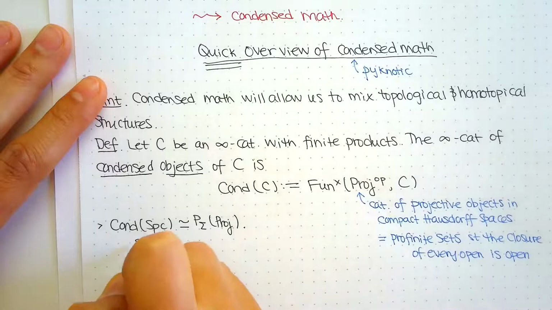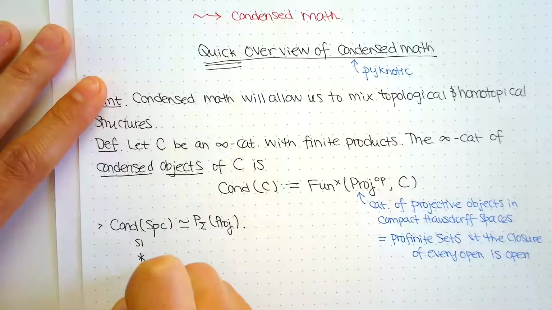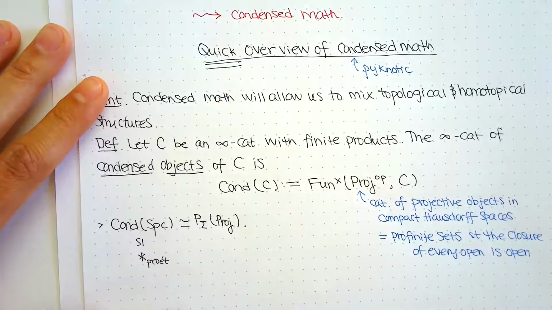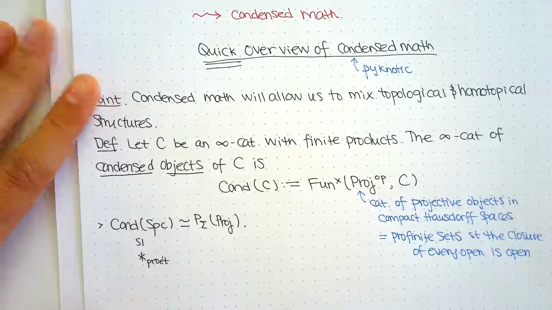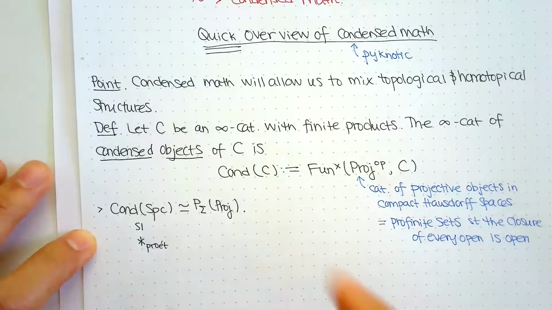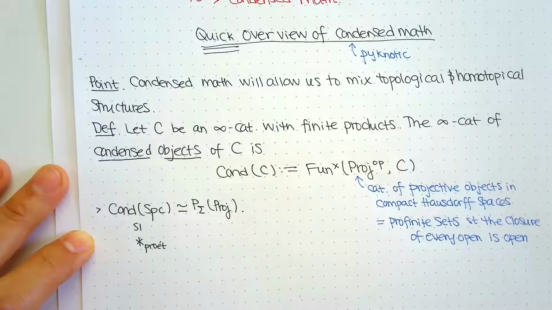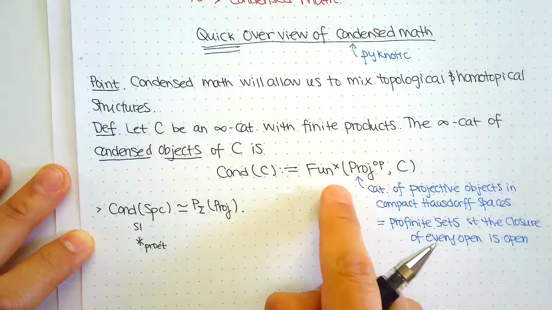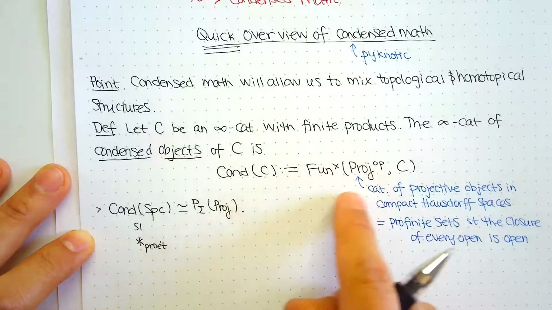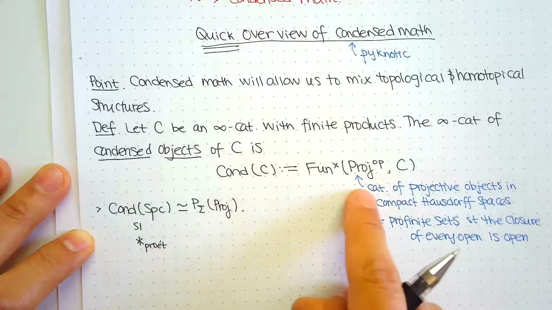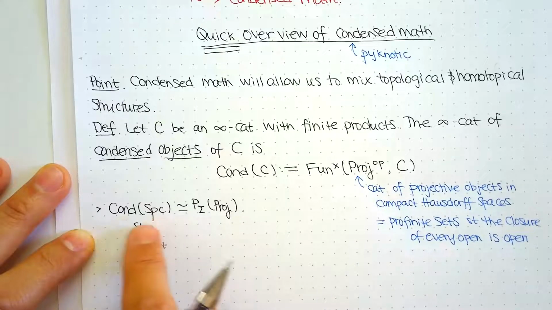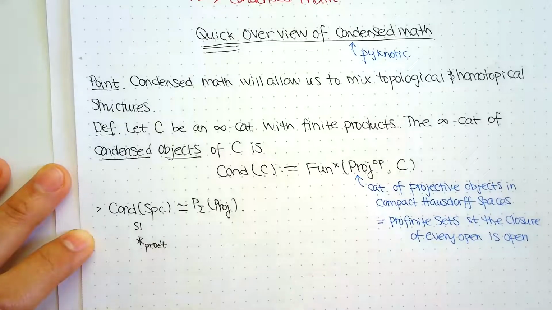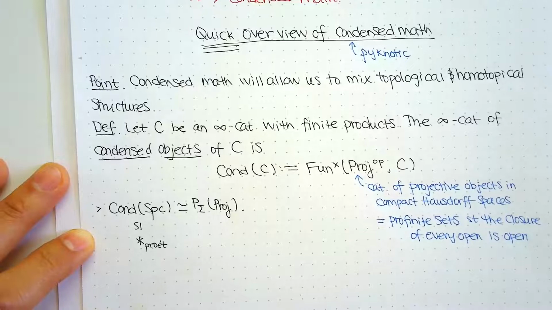It's also known as pro-Étale sheaves on the point. And from the perspective of Clausen and Scholze, I think that's how this got introduced. There's another way it can be described: there's a Grothendieck topology on the category of compact Hausdorff spaces, and it's hypersheaves with respect to this topology. This description is a bit more simple.